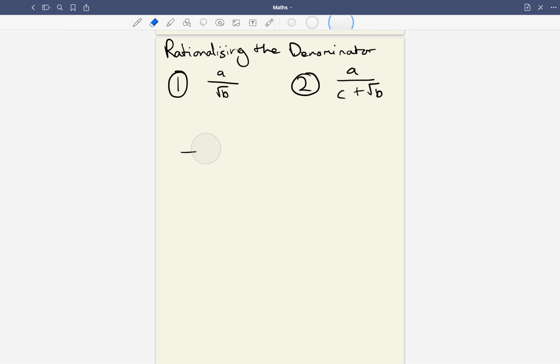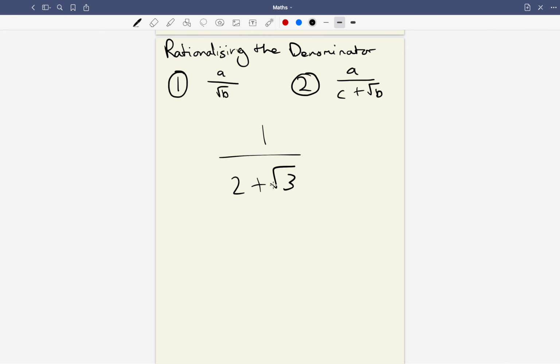And then the second part of rationalising the denominator, which is a lot more tricky, is when you've got a number on there. So let's say, for example, I've got 1 over 2 plus root 3. Rationalising this is a little bit more tricky because we've got this integer here. We can't just times it all by root 3 because that won't work.